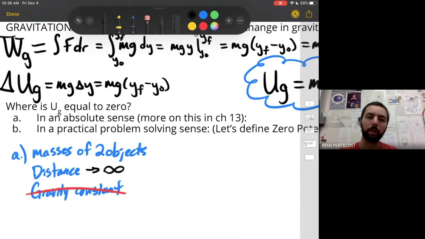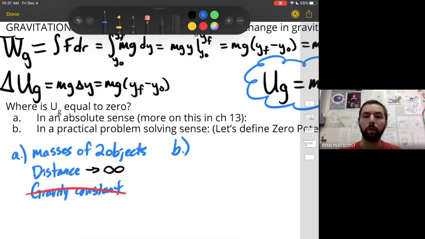Now, in a universe full of objects, that's very hard to get infinitely away from everything. You can't do that without leaving the universe, and we haven't figured out a way to do that yet. So you can get infinitely far away from one object, but then you're probably going to get infinitely closer to another. But that's a pretty nice debate for another time.